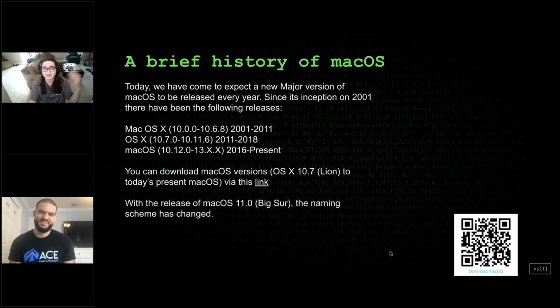Because it was Mac OS 10, and then they're all different flavors of 10. You have big ones like Mojave 10.14, or Catalina right after that 10.15. And they kept that naming convention going for a really long time, all the way up until the release of macOS Big Sur, where they actually, for the first time, jumped to a new major macOS version. And they've kept that going. macOS 12 Monterey released last year, and then we've just had the release of macOS Ventura, which is macOS 13.